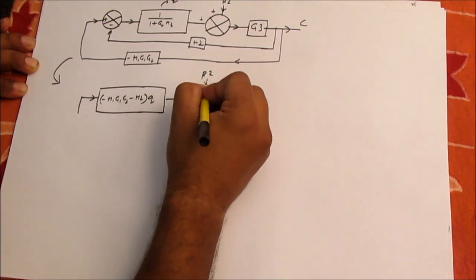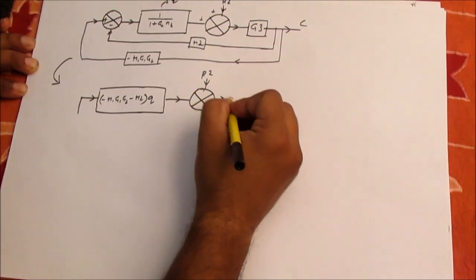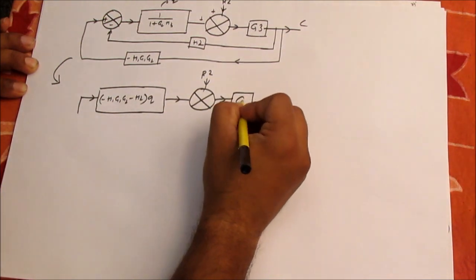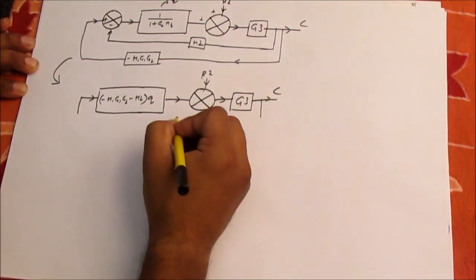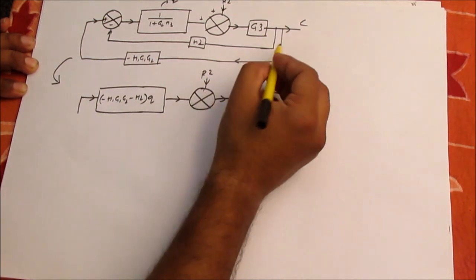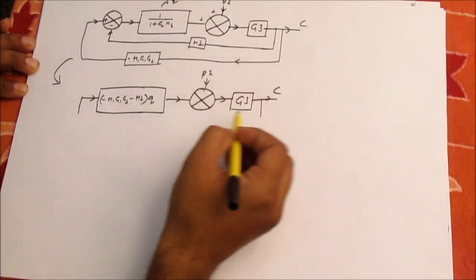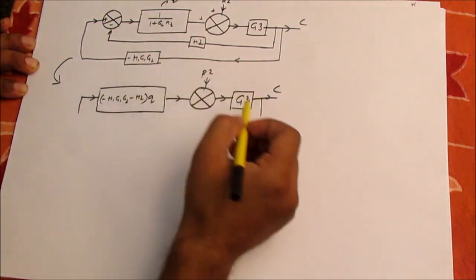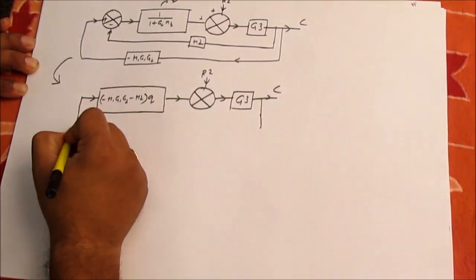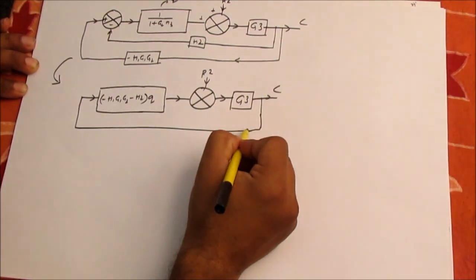I have my input R2 here, and here is another gain G3. Then I have output here. Okay, this we have removed. These two we have removed, and these two, this one. So I am connecting this line, this feedback.